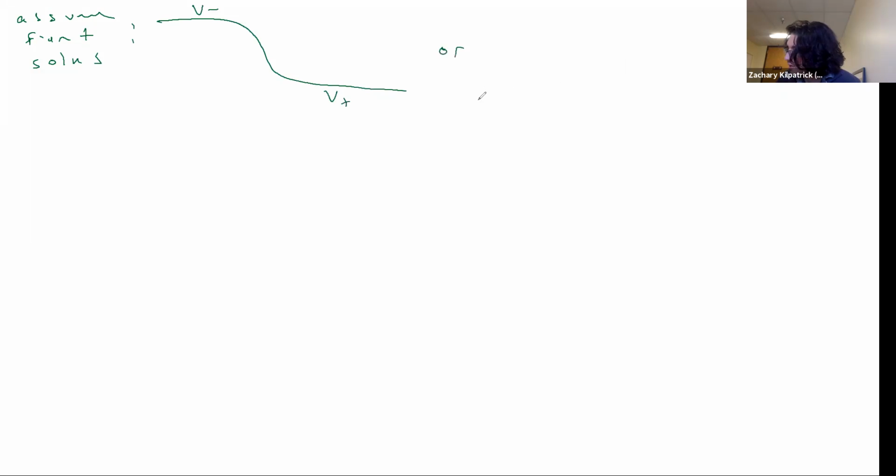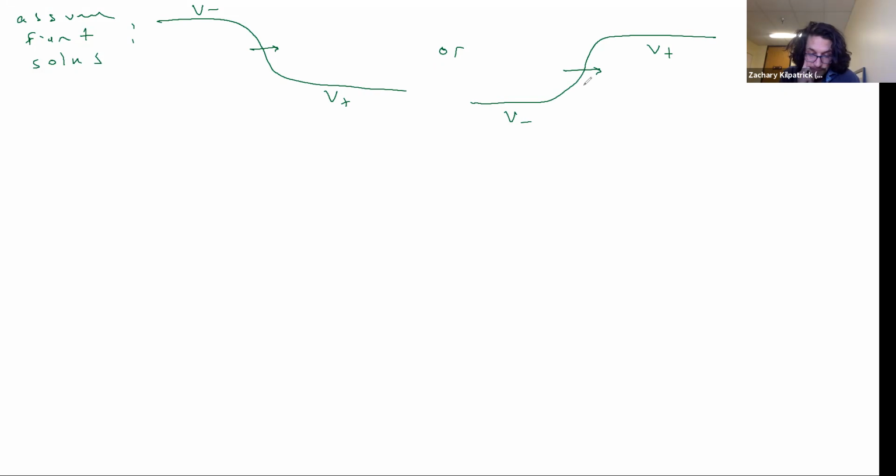Okay, so the idea then is that we're going to assume front solutions. The front solutions can either look like this, where I'll call this V minus and V plus, or they could look like this, V minus and V plus. They could either be forward moving or receding.